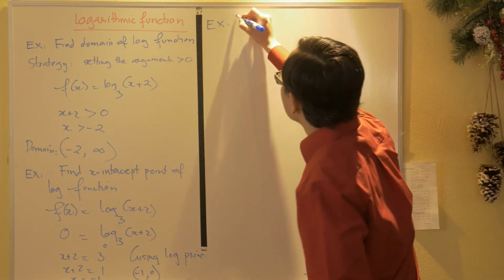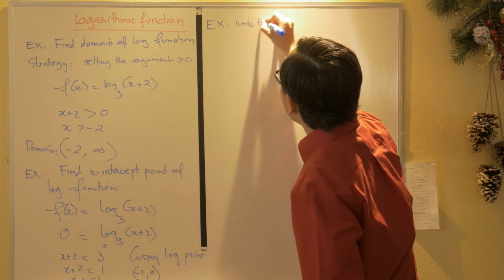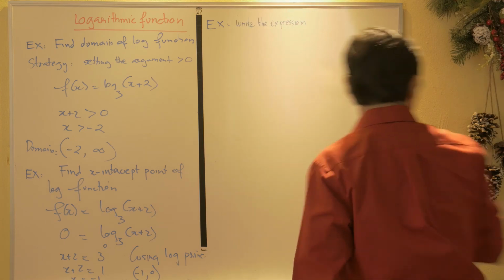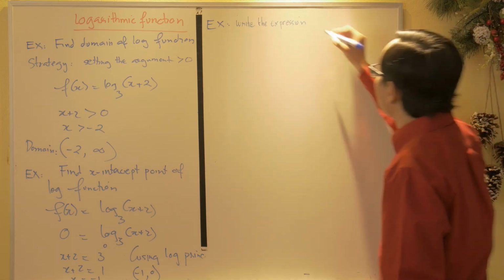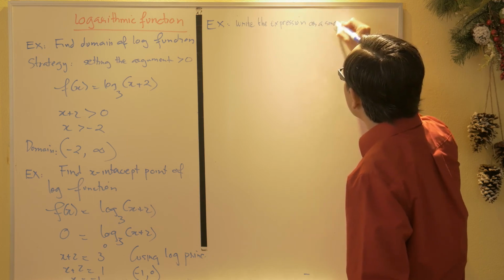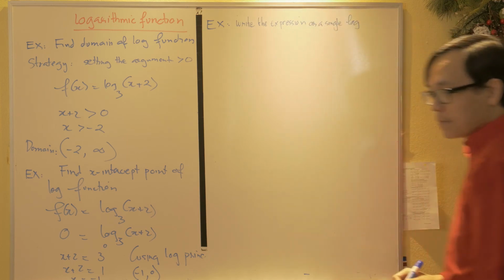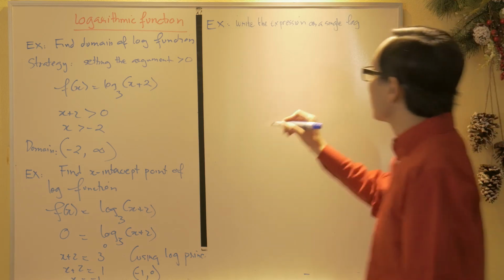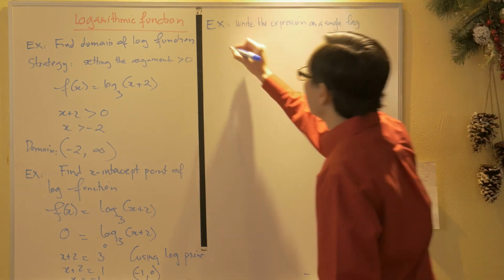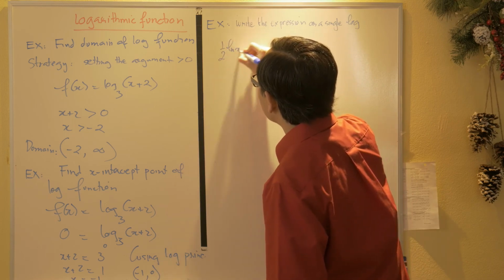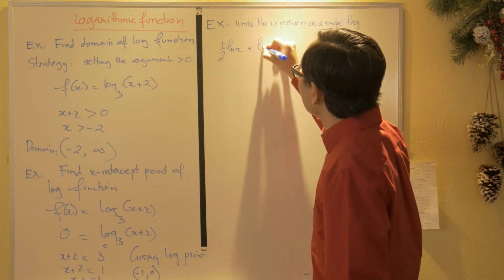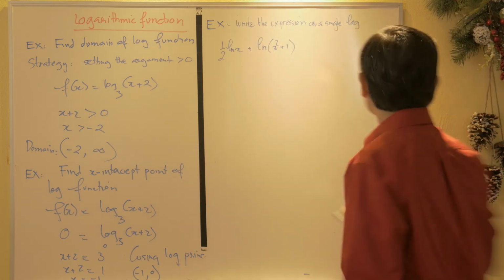Write the expression as a single log. So this is what I have: 1/2 ln x plus ln(x squared plus 1).